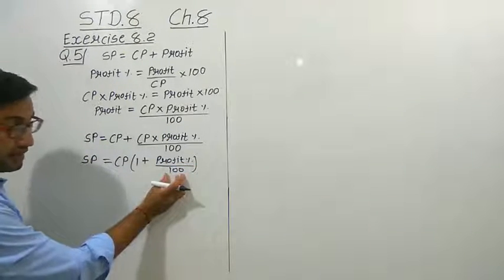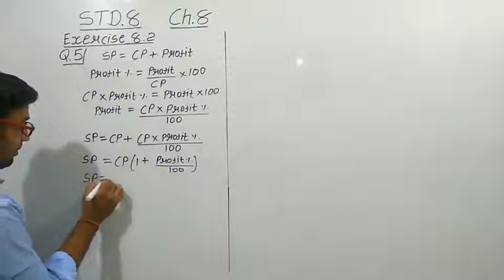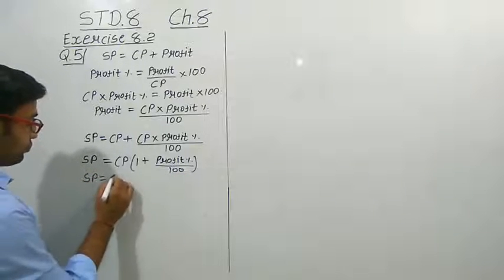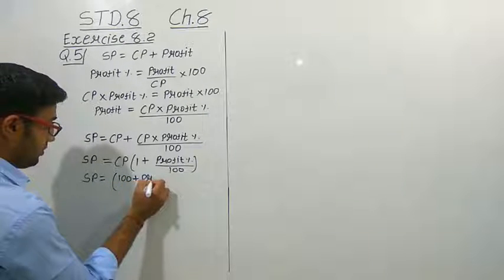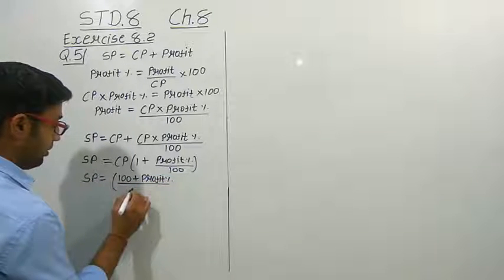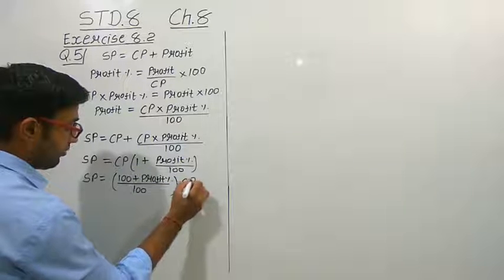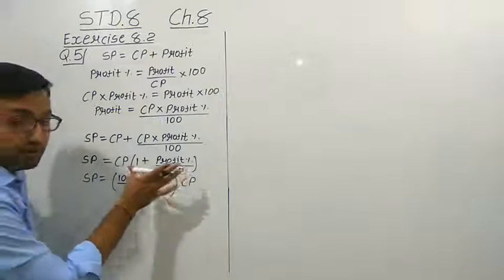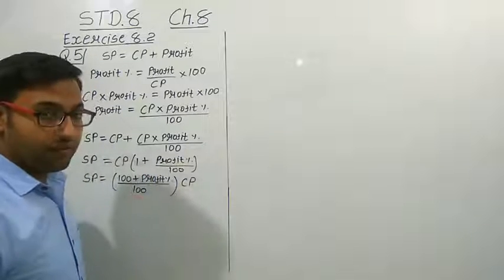Now we can take this 100 as an LCM. So when we take 100 as an LCM, we can write down SP is equal to 100 plus profit percentage upon 100, or CP we are writing here because CP is in multiplication with this bracket. So here we are writing the bracket first, cost price then after.